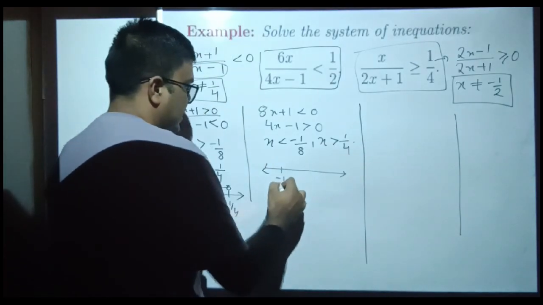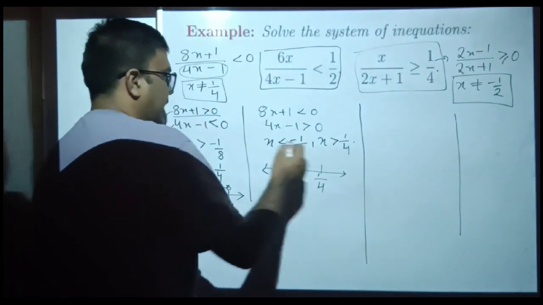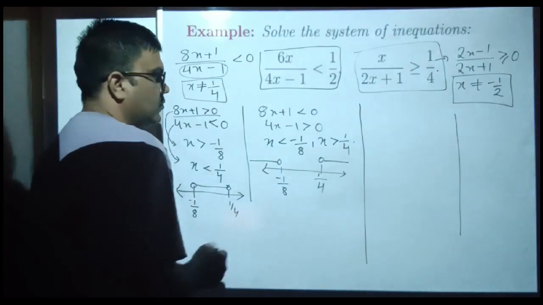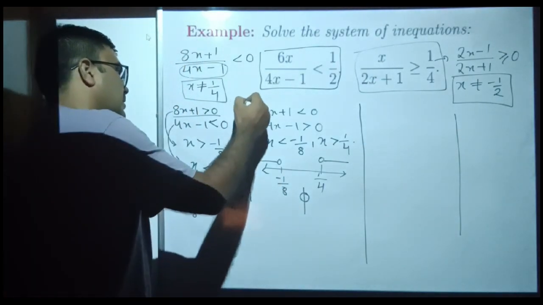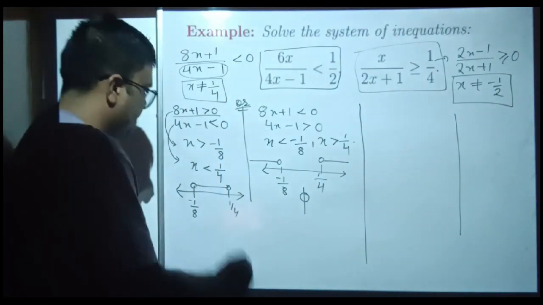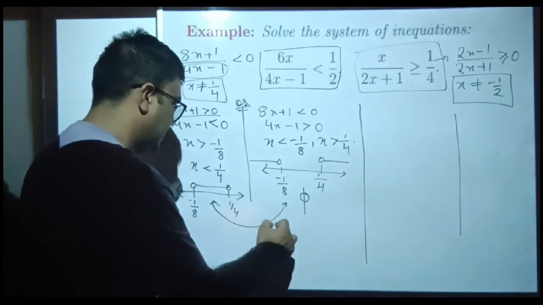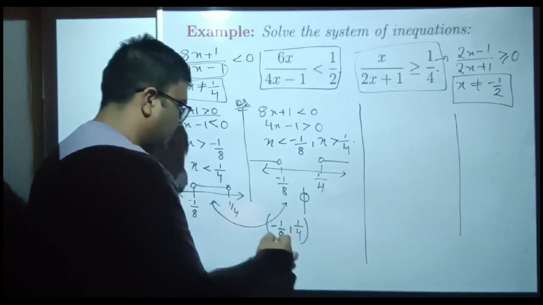Plot these points, minus 1 by 8 and 1 by 4. There is no common value, phi. Either of these two cases holds, so it is OR over here. OR means we are talking about the union of these two. The answer we have is minus 1 by 8 comma 1 by 4.